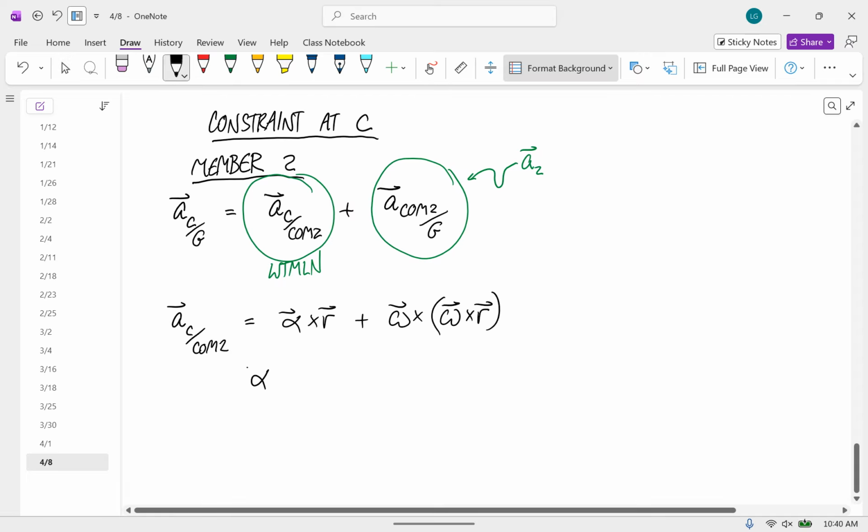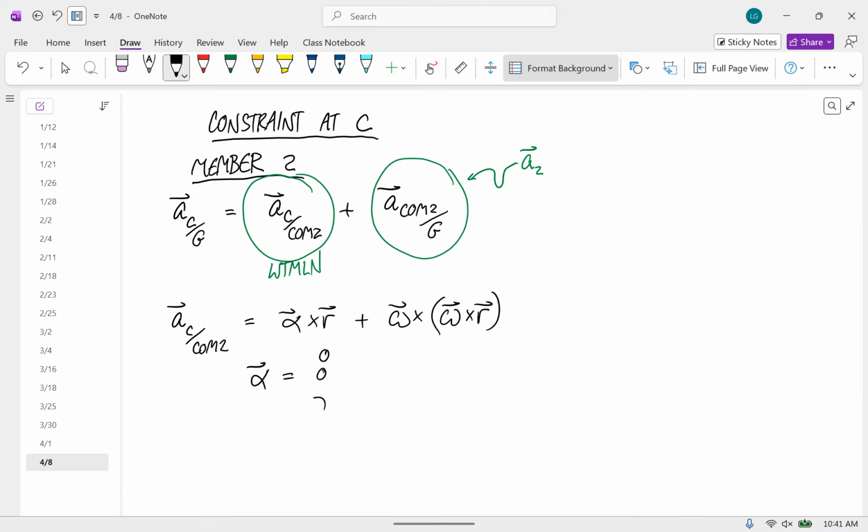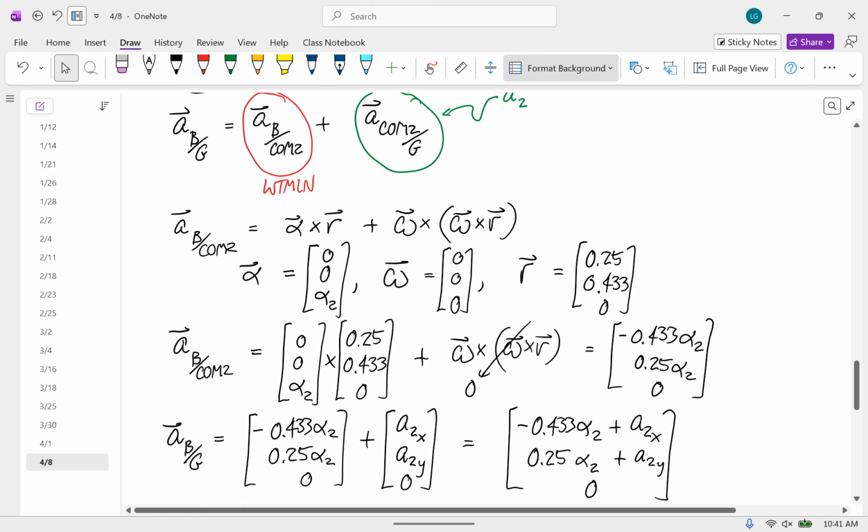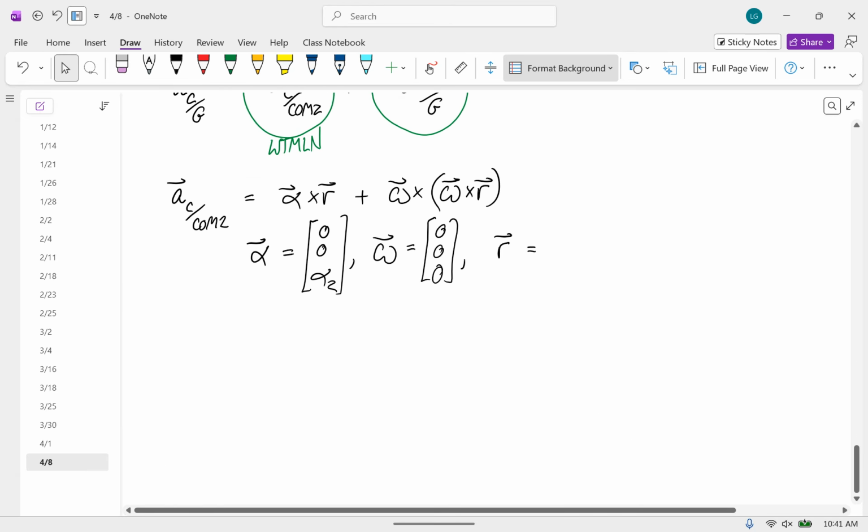And our alpha, since we're looking at member 2, is 0, 0, alpha 2. Our omega is 0. And our r goes from the center of the circular motion to the point you care about. The center of our circular motion here is the center of mass of 2.